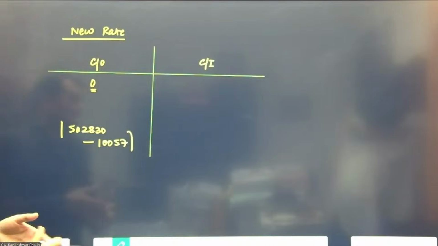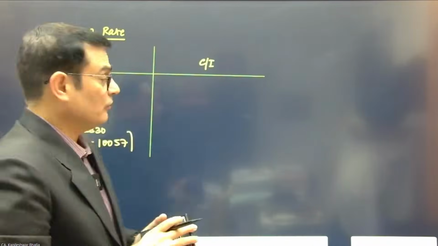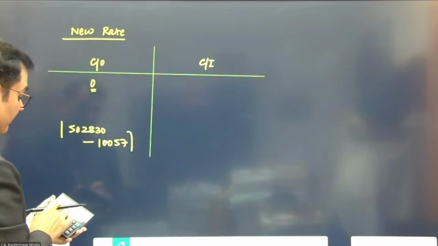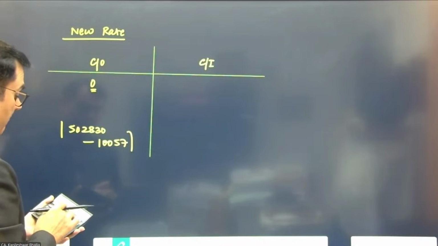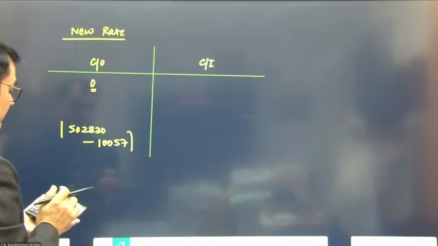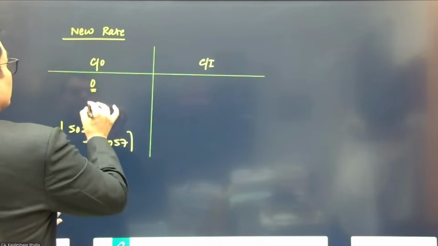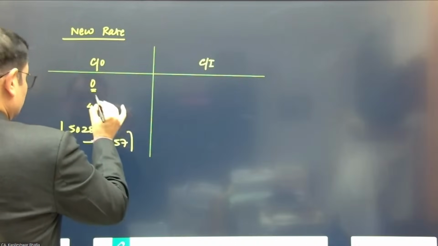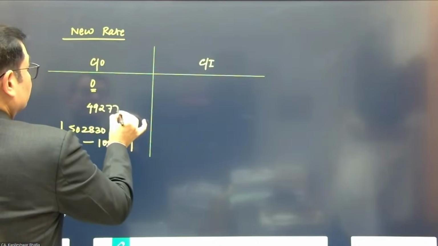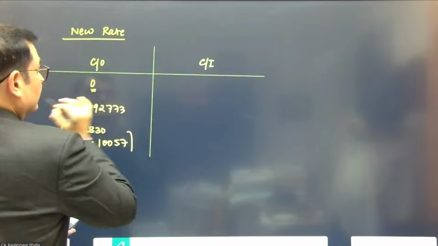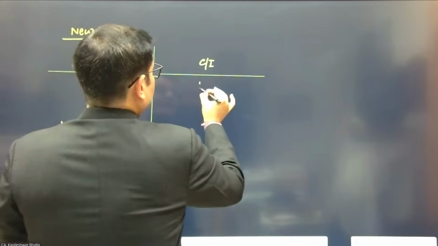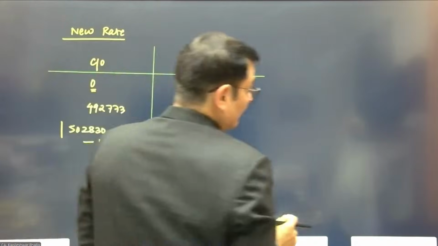So let's get the net outflow: 502,830 minus 10057. The net figure is 492,773.